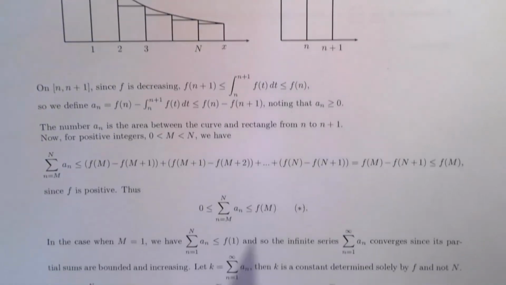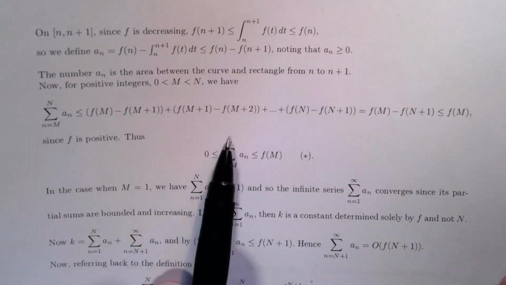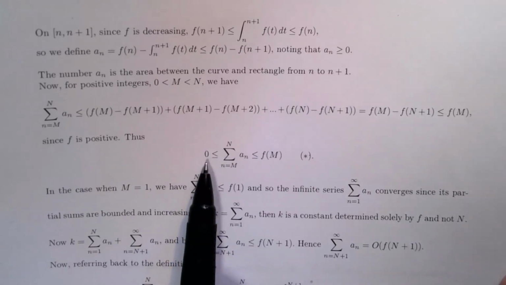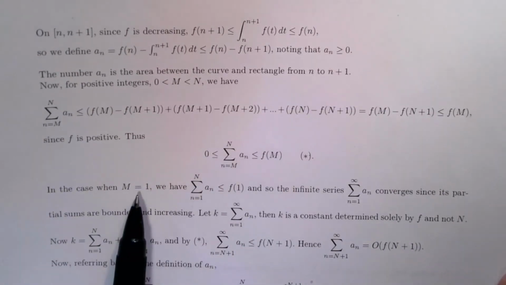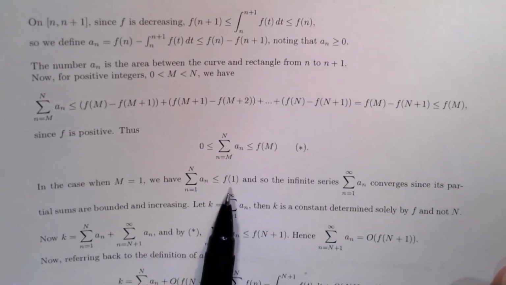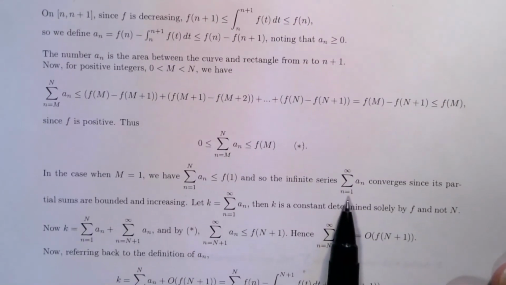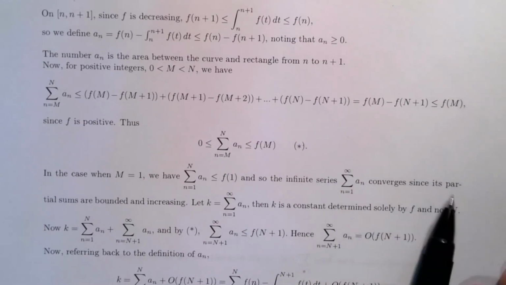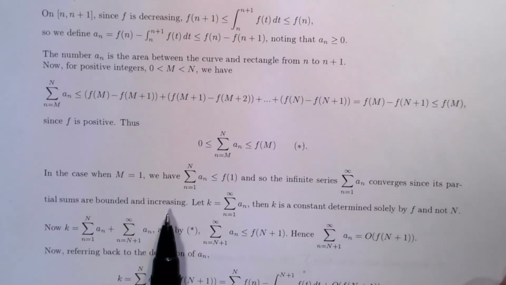So that tells me at this stage that this sum from m up to capital N is non-negative, and it's bounded above by f of m. Now, in the case when m is 1, this sum is less than f of 1, and that means the infinite series, sigma a n going to infinity, converges since its partial sums are bounded and the partial sums are increasing.